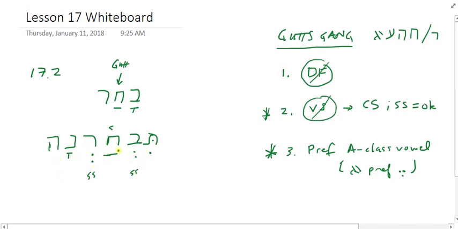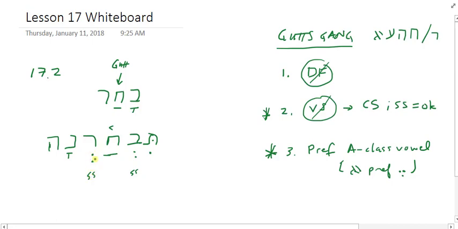So remember, a little earlier we noted that when we have the stressed syllable with the holem, I looked to the right and I saw the holem. That still doesn't mean that I could make this a vocal shewa, okay, because I've got a stressed syllable. But now I've got a stressed closed syllable with a short vowel, not a long vowel, okay?